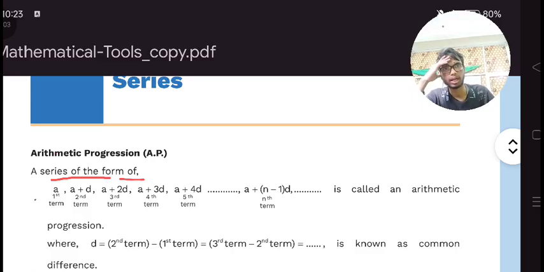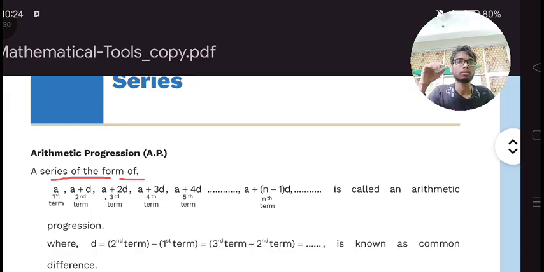Here the first term we have is a, then a plus d, then a plus 2d, then a plus 3d, a plus 4d. Like that it is increasing. You can easily observe that yes, this is increasing by just a number. The first term is just a, and in the second term it is added by a number d.